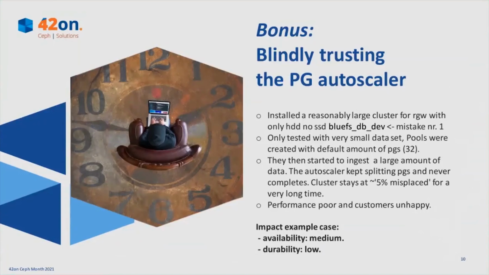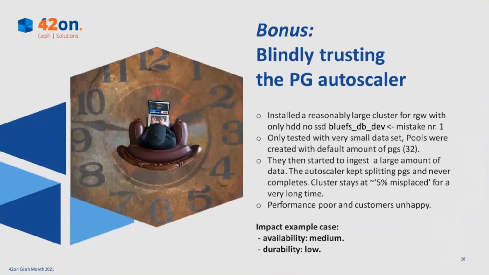But we've seen that clusters are installed with all the defaults, but they were reasonably large, and then they start ingesting data. And that's when the PG autoscaler comes in and says, right, now we need some more placement groups here. And then it starts splitting the placement groups, and then you start ingesting more data.